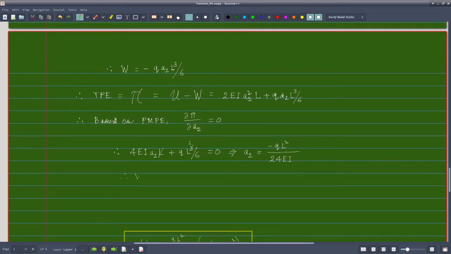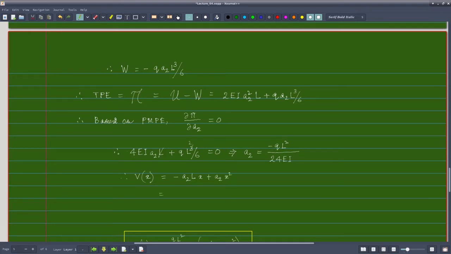So Vx was my a1x, so a1 is minus a2l, so minus a2l into x plus a2 into x square.